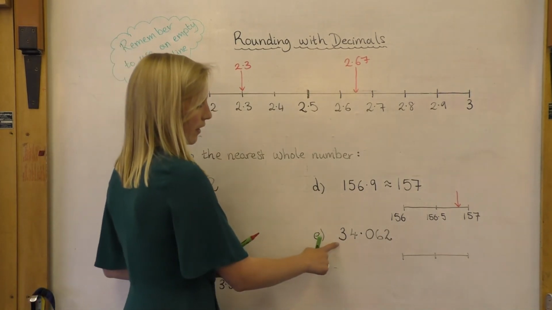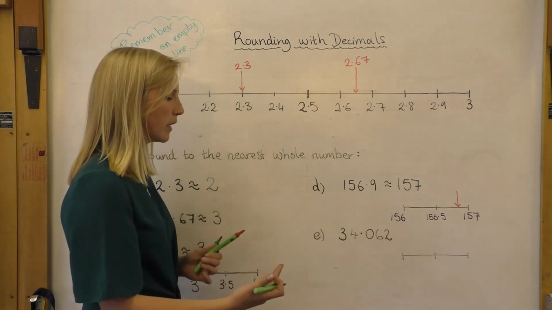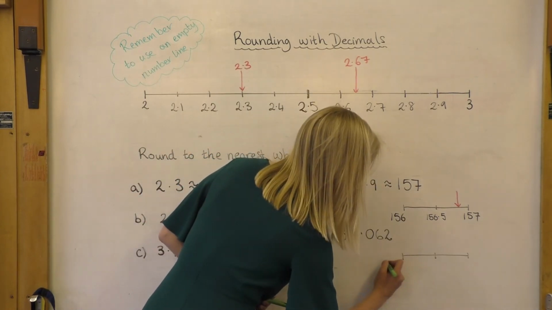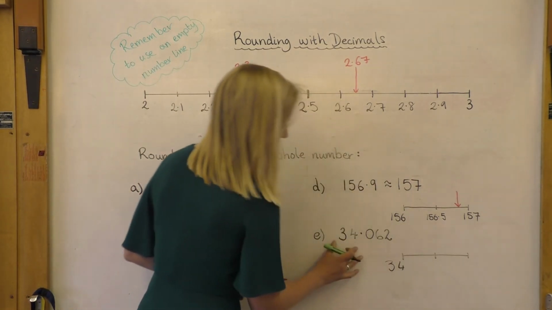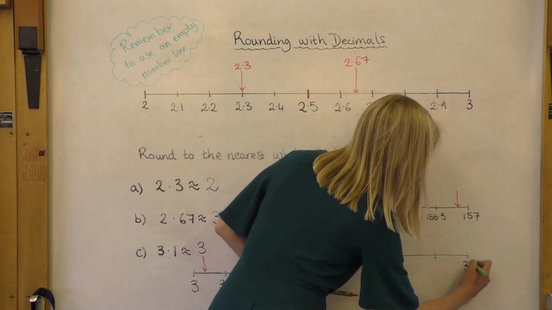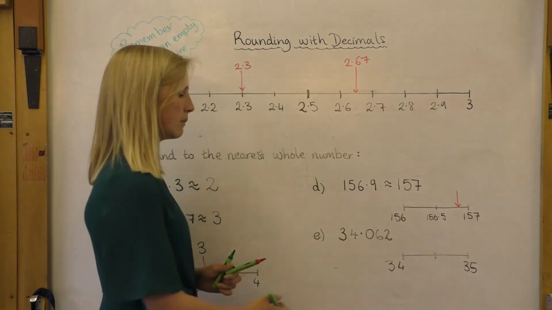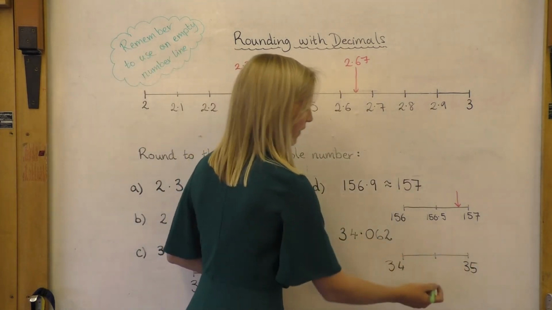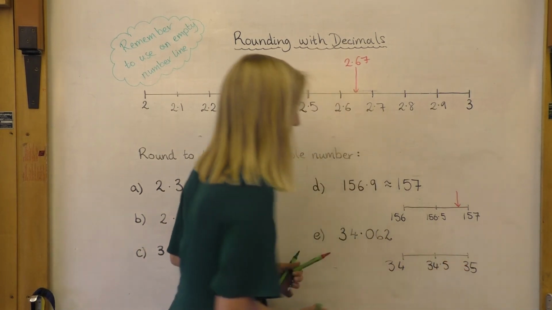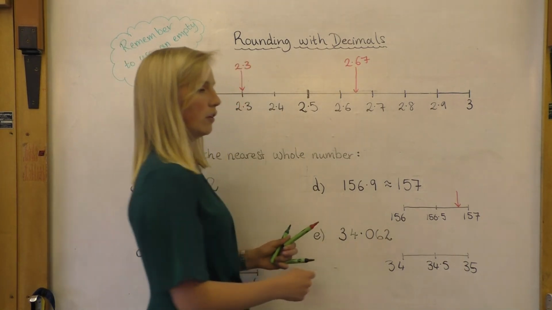Lastly then, when we think about 34.062, wow, this has so many decimal places, but the principle that we still use is the same. So we have our 34, taking the number as our first whole number, counting on 1 gives us our 35. Halfway, smack bang in the middle there of 34 and 35, is going to be our 34.5. Now where's this number, 34.062?